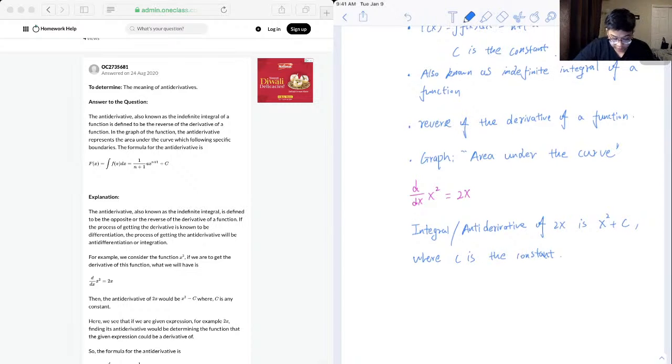So we're just doing this by the reverse way of doing a derivative.